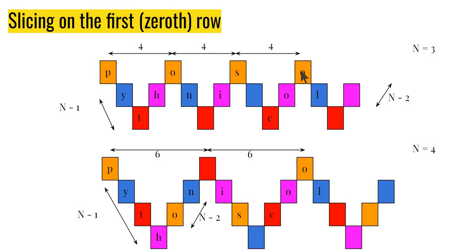Now, obviously, when I'm writing this as code in Python, this whole thing is just a visualization. We are just going to use slicing. So for the first row, the string that I'm extracting from the original message is, in this case, from zero all the way to the end, with a step of four.